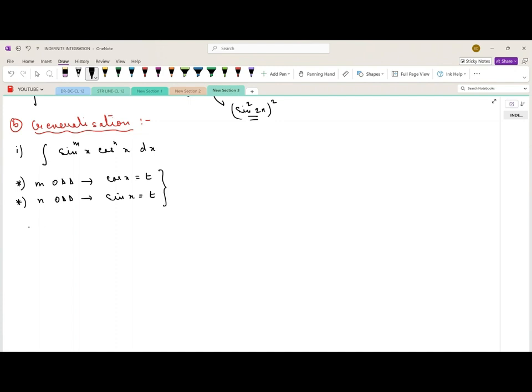For example, if you have sin cube x cos 4x dx. Here you can see that if I consider m as the power of sine, then m is odd. So we will put cos x equal to t. So obviously sin x dx equals minus dt. So ultimately what will happen?